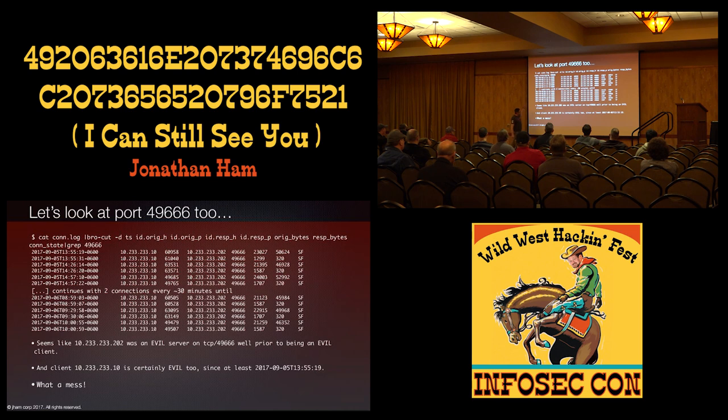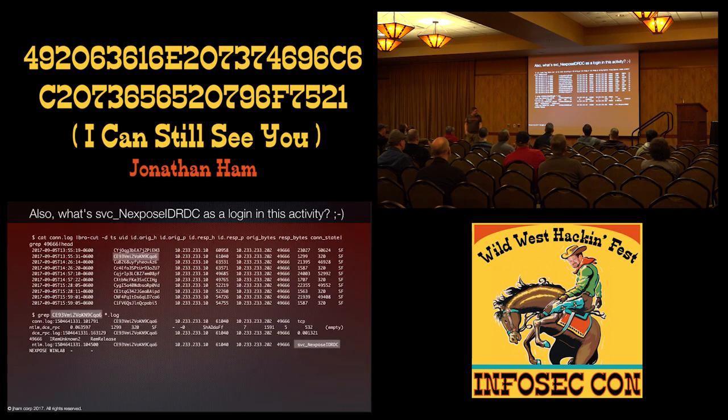So if I look at the timestamp, it's clear that 202 was an evil server on 49666 before 202 was involved on port 5000. And now I know for sure, well, not for sure, I'm strongly suspicious that 10.233.233.10 is also evil, because it's the thing that's beaconing out, actually connecting out to an unusual port, right?